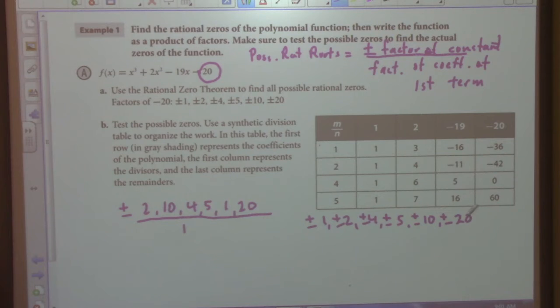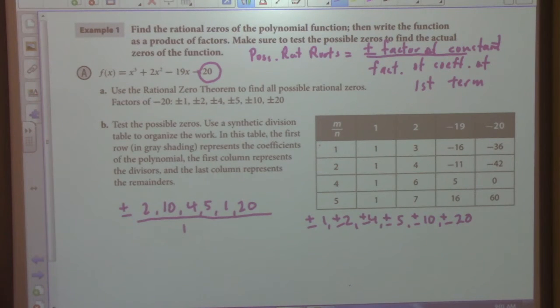How many different possible rational zeros do we have here? 6? No, not 6, but 12. Okay, plus or minus.